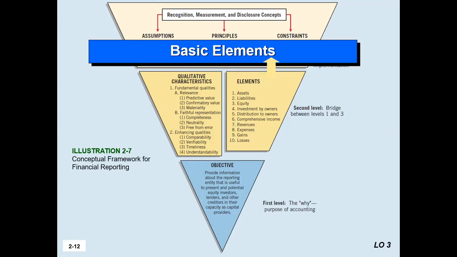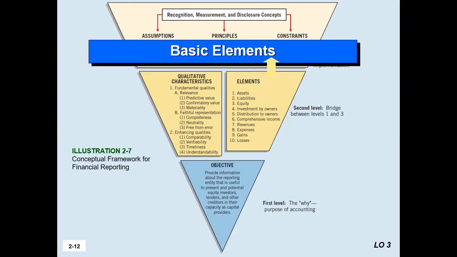Comprehensive income is the change in equity or the net assets of an entity during a period from transactions and other events and circumstances from non-owner sources. So it includes all changes in equity during a period except those resulting from investment by owners and distributions to owners. So comprehensive income. And then revenues, expenses.